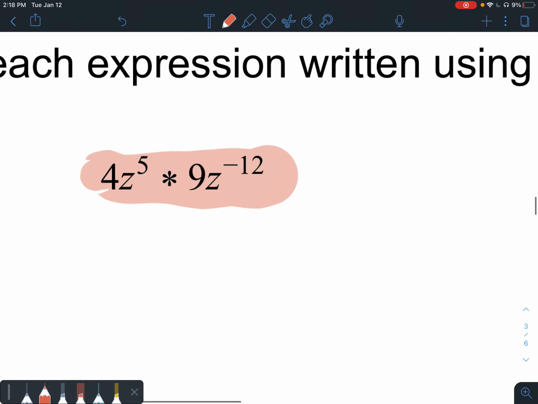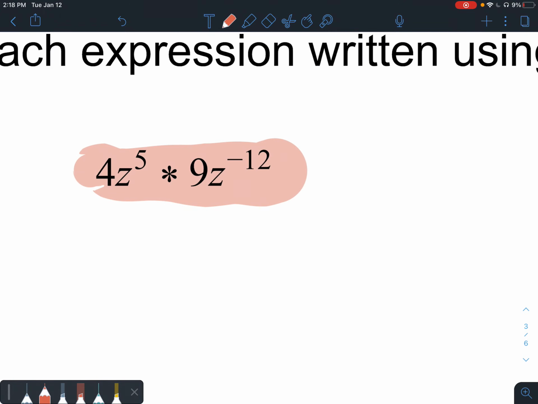So what I'm gonna do is when I do these problems, I multiply my two coefficients together first, and then I multiply my variables together. So I'm gonna do 4 times 9, that's gonna give me 36. And then when I multiply those exponents together, z to the 5th and z to the 12th, I get z to the 5 minus 12.